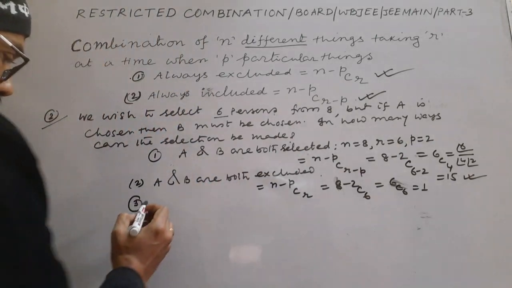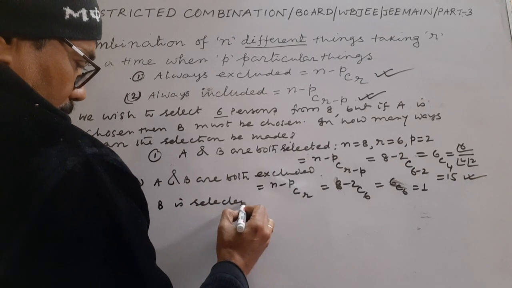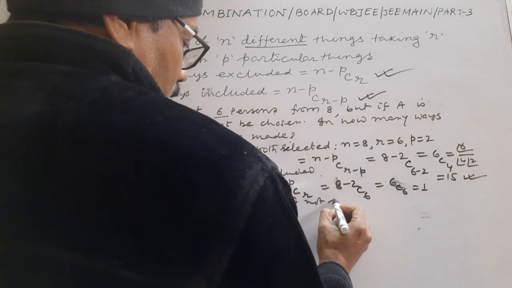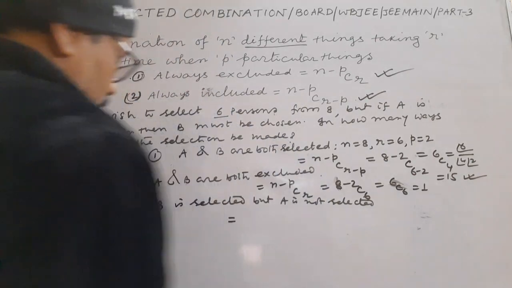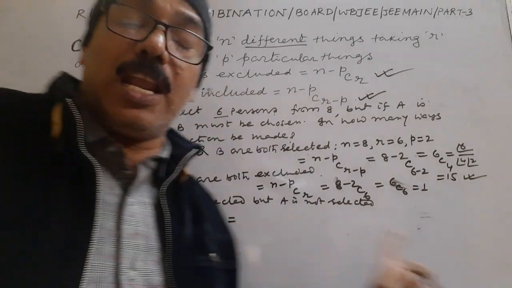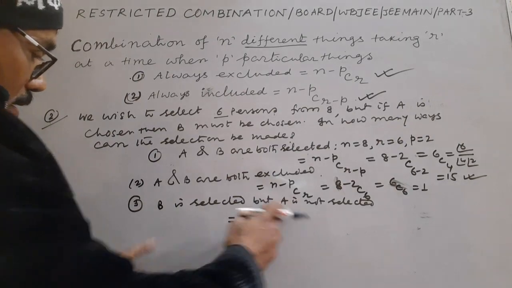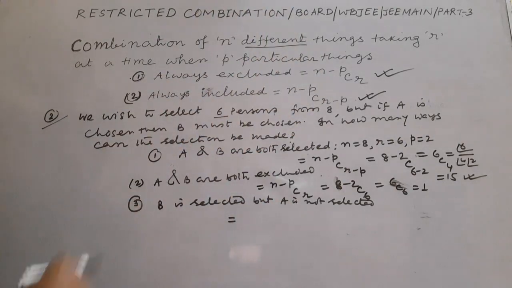So case 3: B is selected, but A is not selected. A implies B, but B does not imply A according to the condition.